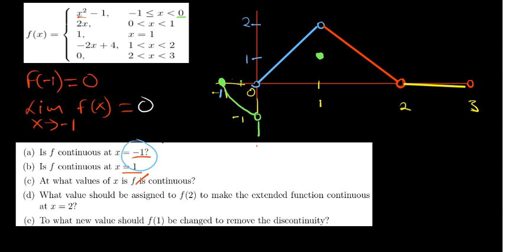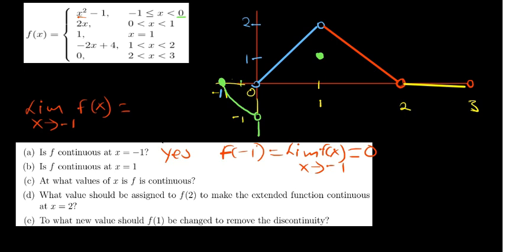So since these are equal, we can confidently answer the first one to say the function is continuous. Yes, because f of negative 1 is equal to the limit as x approaches negative 1. They are all equal to 0. So we've answered the first one. We can go to the next one.